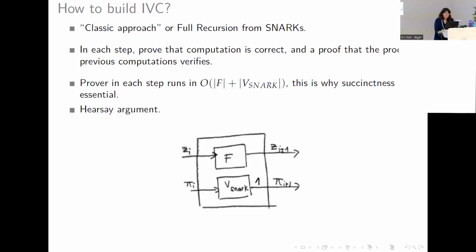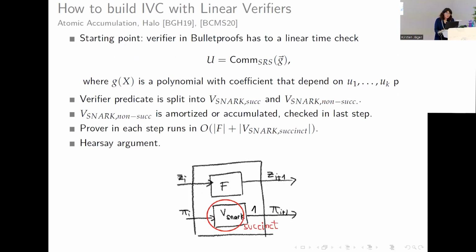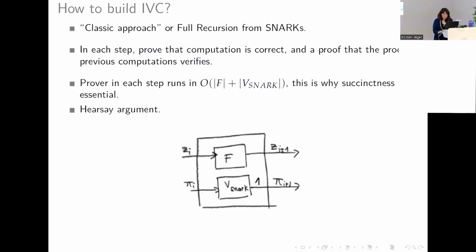Then there is another approach that was very important, proposed in 2019, which was solving an important problem: for the first approach to work, you really need to make sure that the verifier is small. It cannot be linear in the computation, because otherwise you need to absorb this circuit inside the verifier circuit inside the computation and so on.